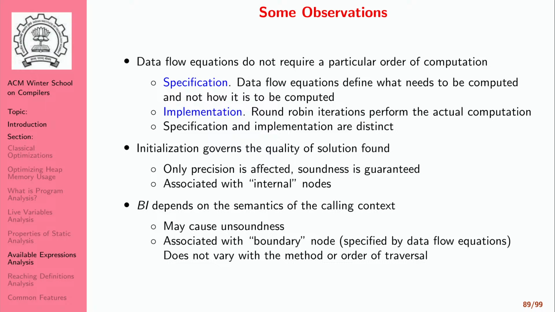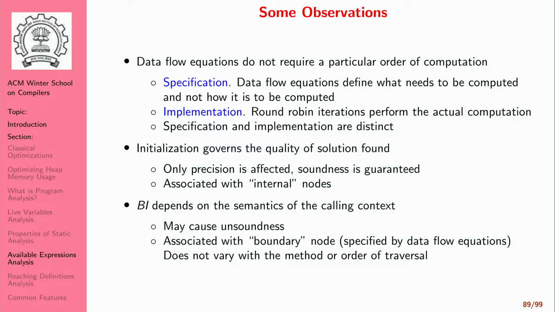In fact, there is a method called method of chaotic iterations, which randomly picks up a node and calculates the data flow value. And people have found that in some cases that works better. I don't know why people do such things, but they do. So the actual algorithm of performing analysis is different from the specification of the analysis.